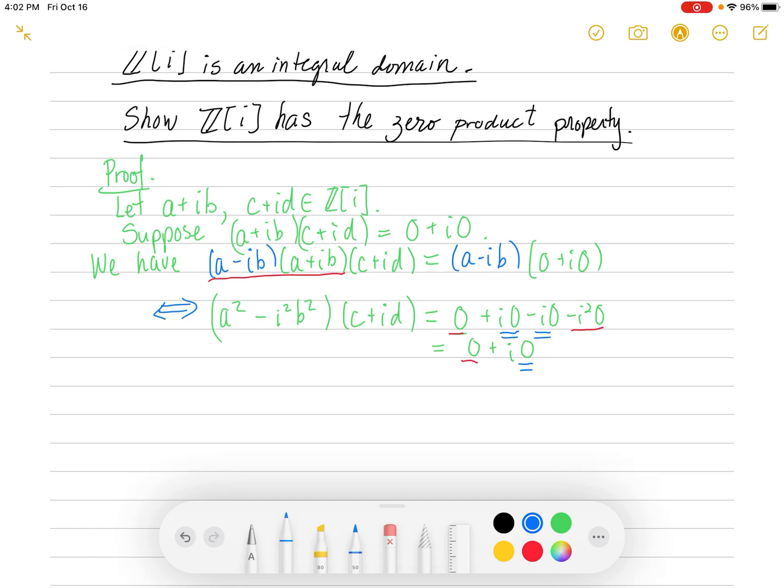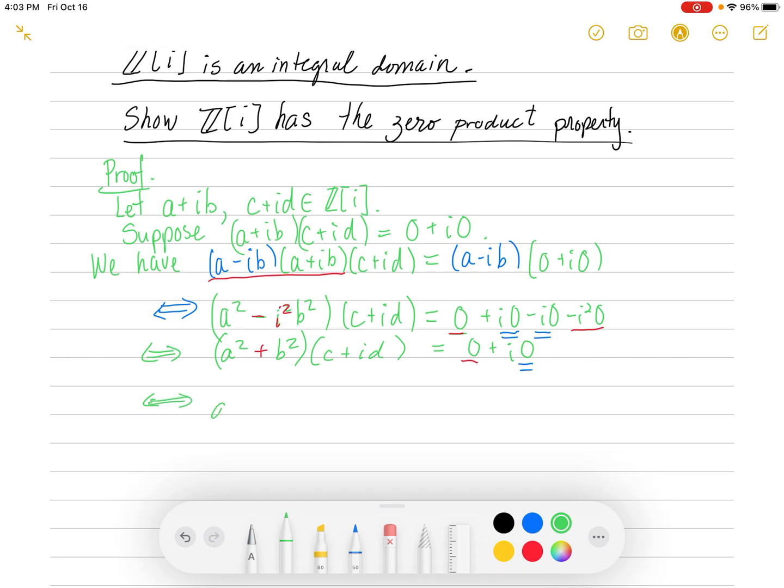Okay, and on the other side, you're going to have a squared, and remember that this minus i squared right here is the same thing as plus 1, because you have minus a negative 1. i squared is negative 1, so it's going to become a plus b squared. You've got c plus id.